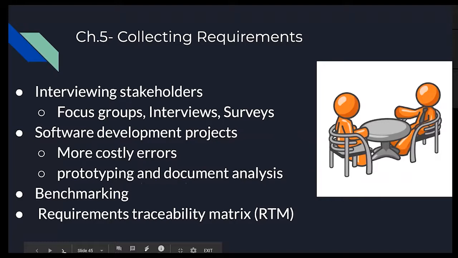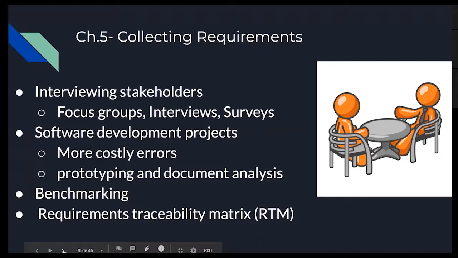This is one of the most important processes because if there are mistakes, they are the most expensive. So you have to catch them early on in the project, because the later it gets, the more expensive it gets. The way you find out what needs to be in the deliverables is through focus groups, interviews, and surveys.